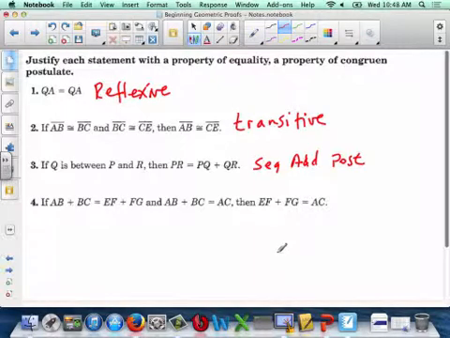If AB plus BC equals EF plus FG, and AB plus BC equals AC, then EF plus FG equals AC. I think you could call that either substitution, or you could also call that transitive. All right, so there we go. We'll stop there.